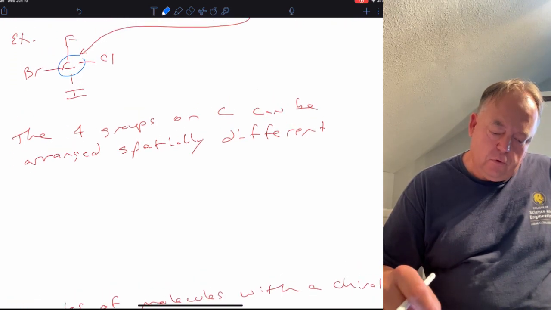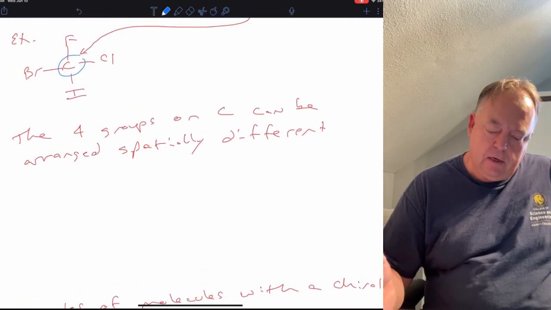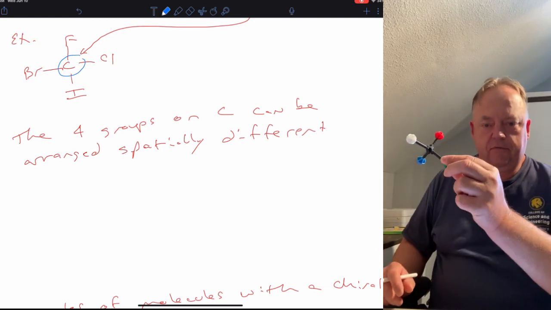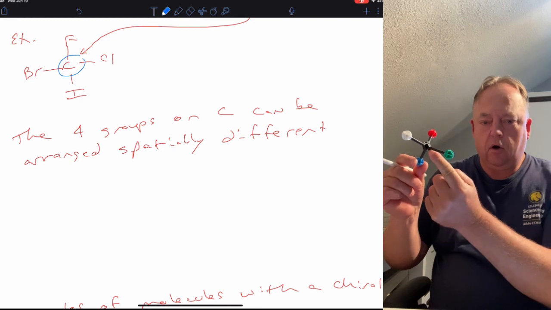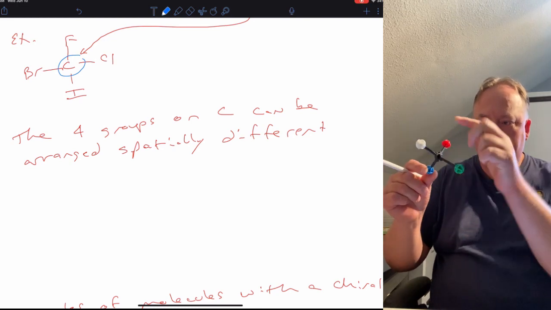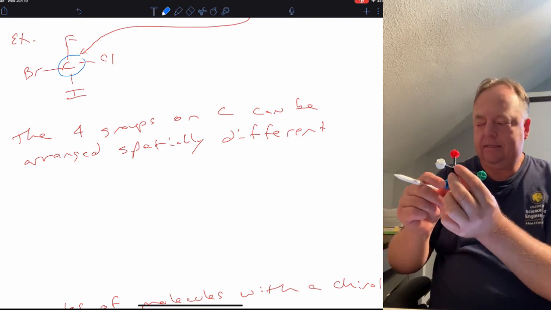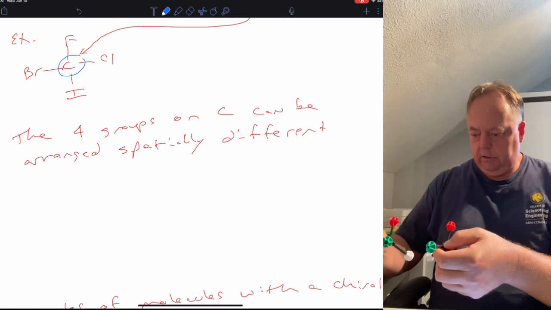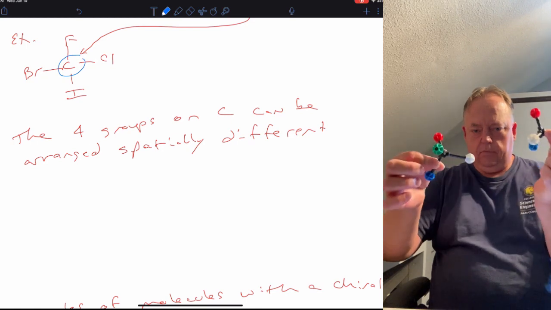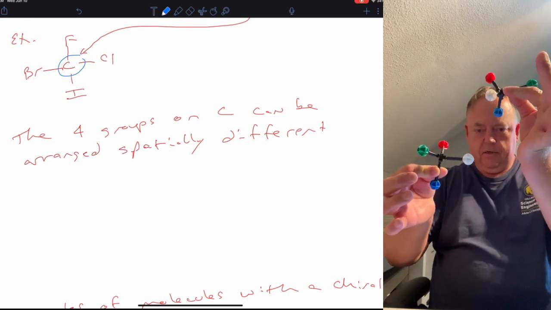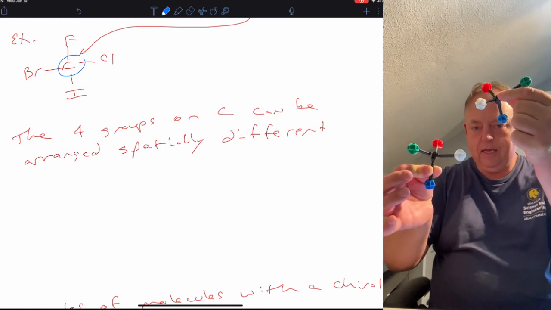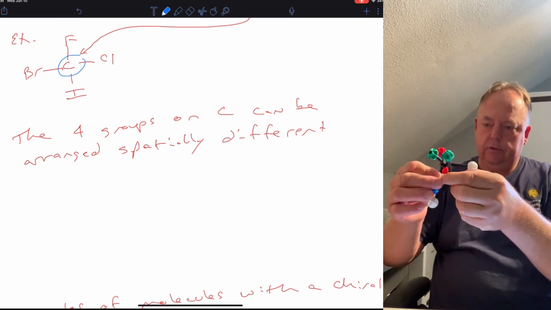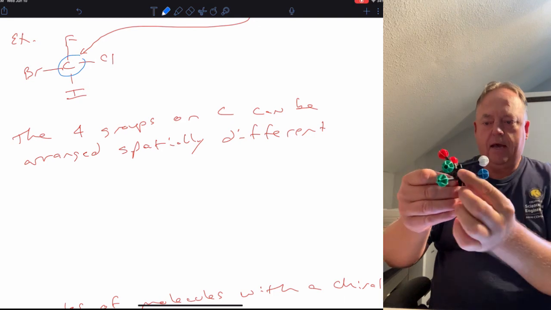Okay, so these 4 groups on carbon can be arranged spatially differently. Hopefully these models are easy for you to see. You have a carbon with a green, a red, a white, and a blue atom attached. If I take 2 molecules, they both have a green, a red, a white, and a blue atom attached.